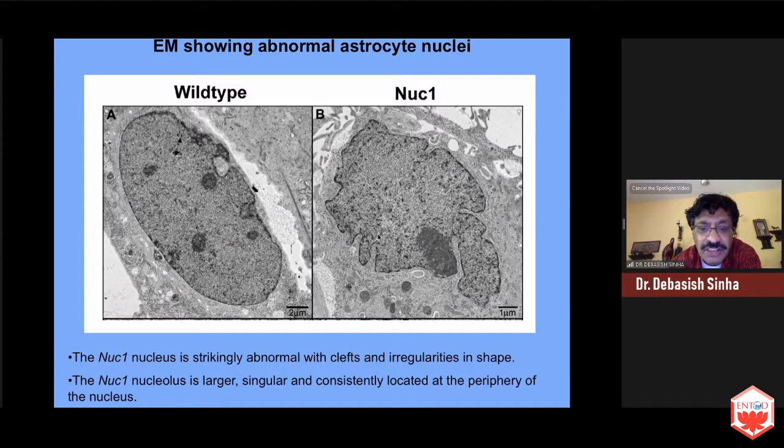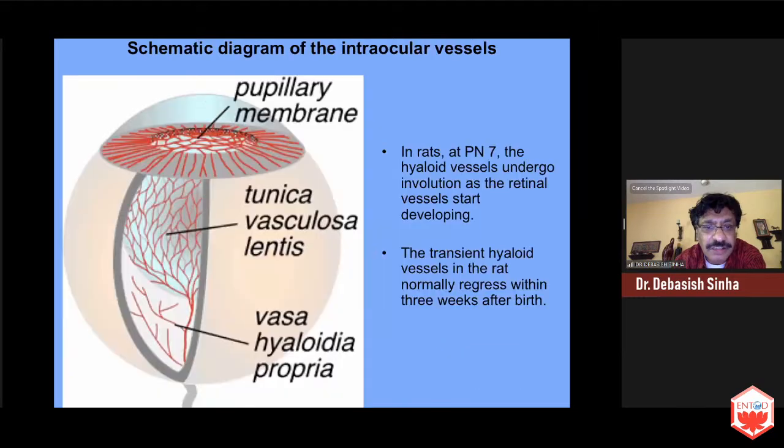So you can see that they have clefts, and the nucleolus is larger in size compared to wild type ones, and it's always single and also located in the periphery. So is the nuclear function somehow regulated by the protein? We have some knowledge now, but for the sake of time, I'm not going to go into any detail.